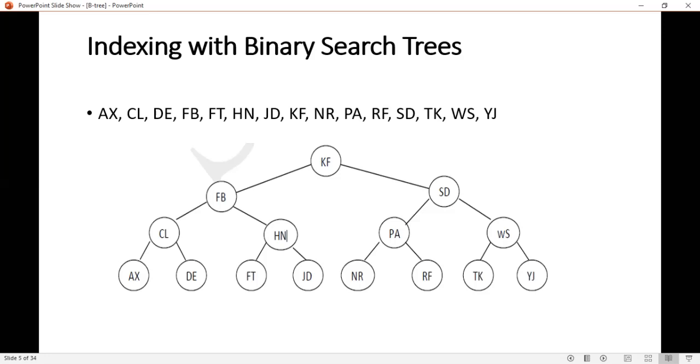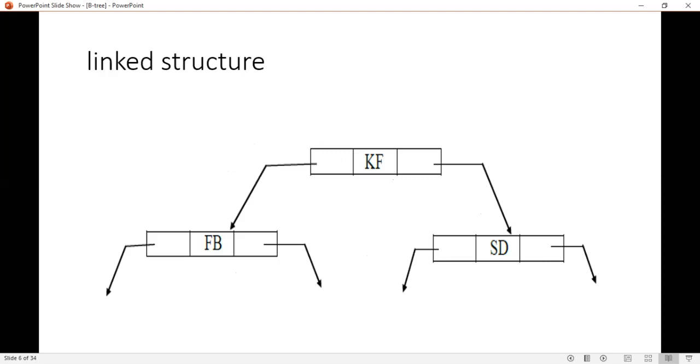The leaf nodes of the tree are AX, DE, FT, JD, NR, RF, TK, and YJ. Using a basic data structure, you can create a left link and a right link for each node as shown in the figure. For the root node KF, the left link points to the left child FB, and the right link points to the right child SD.